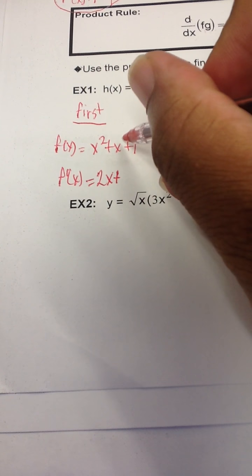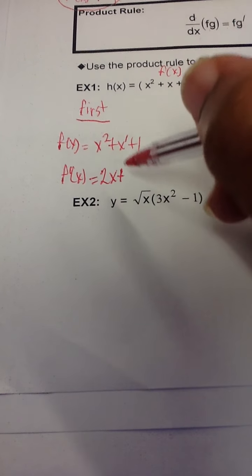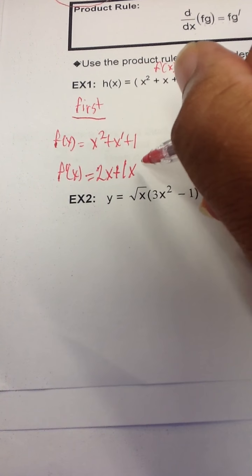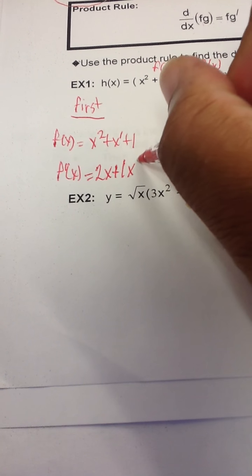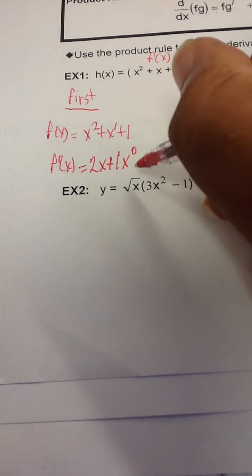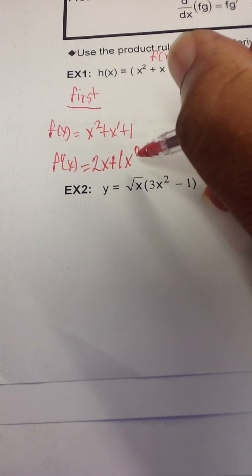Plus, this x, like we said, if I don't see an exponent, is understood to be a 1. Bring down the 1, that's 1x. We do 1 minus 1, so that's to the 0. But I know that x to the 0 power is understood to be 1.